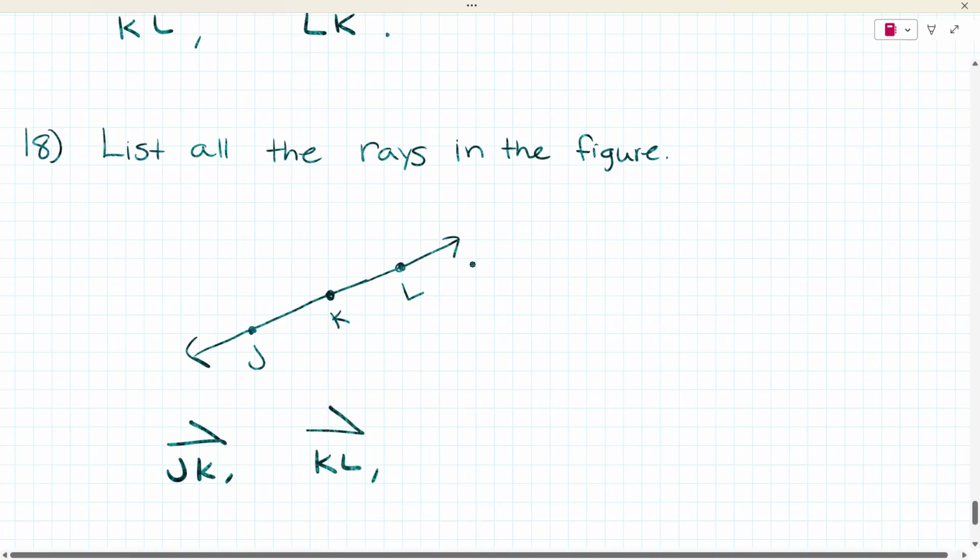Another one could be ray JL. Now we can also do opposite rays. You can do ray LK because we're going on the opposite side. And the other one could be ray LJ because you're going in the opposite direction.